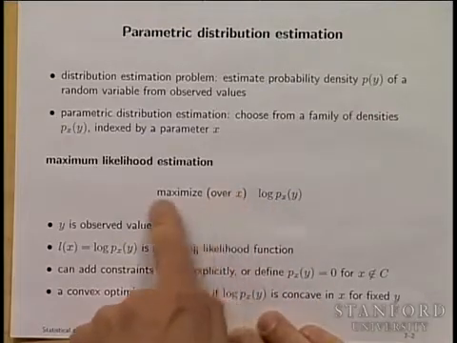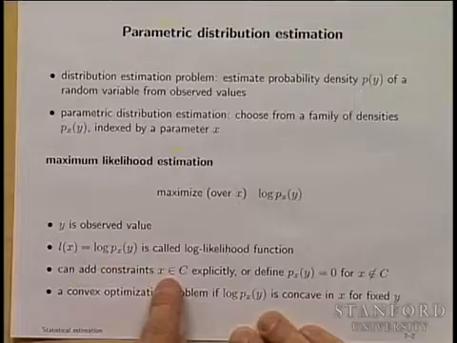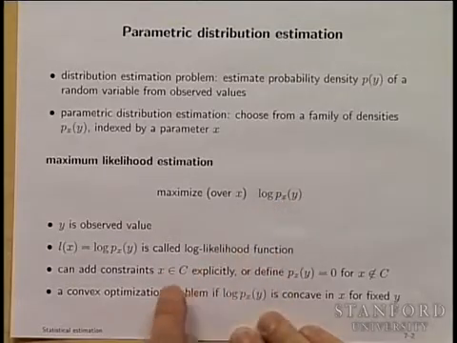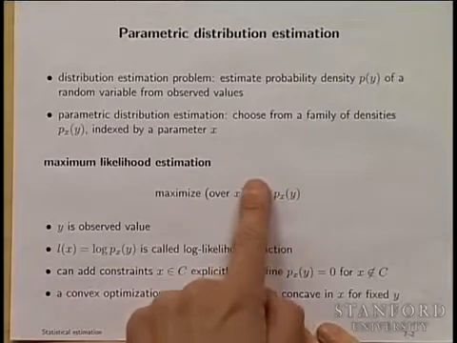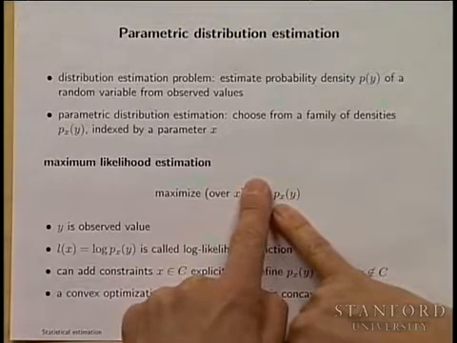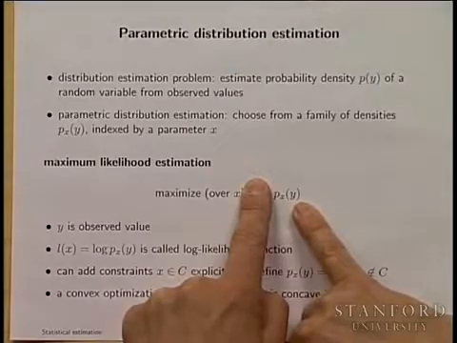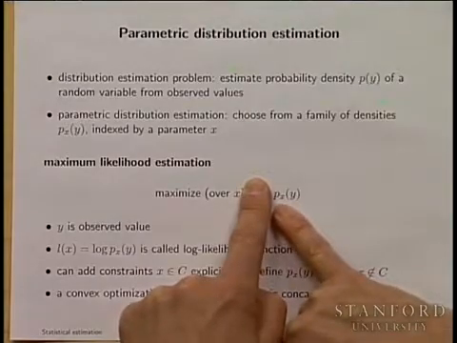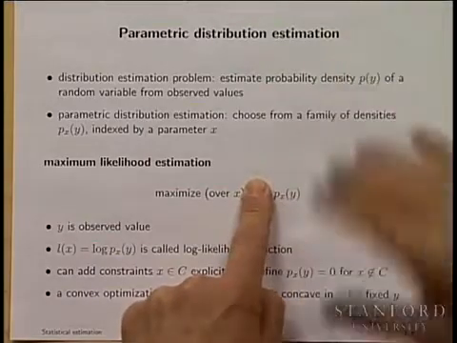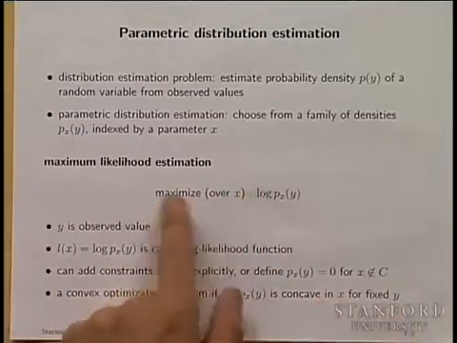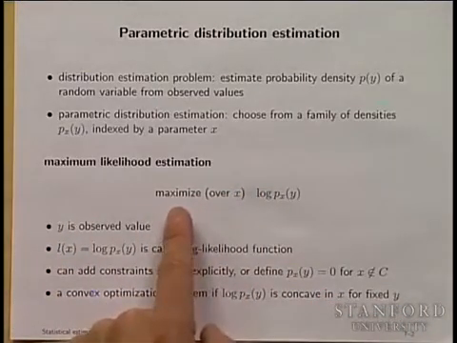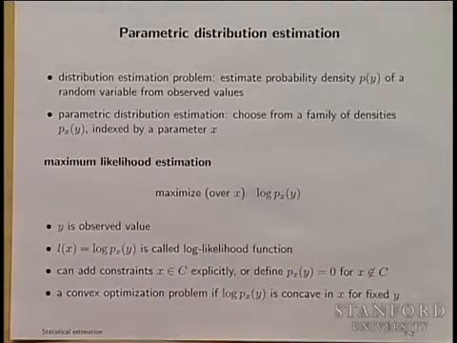You can add either an explicit constraint that x has to be in some set C, or another way to effect the same thing is to define p sub x of y to be 0 when x is outside the domain of p in the parameter argument. That makes the log minus infinity, a very poor choice if you're maximizing. So that's the same as making the constraint implicit.